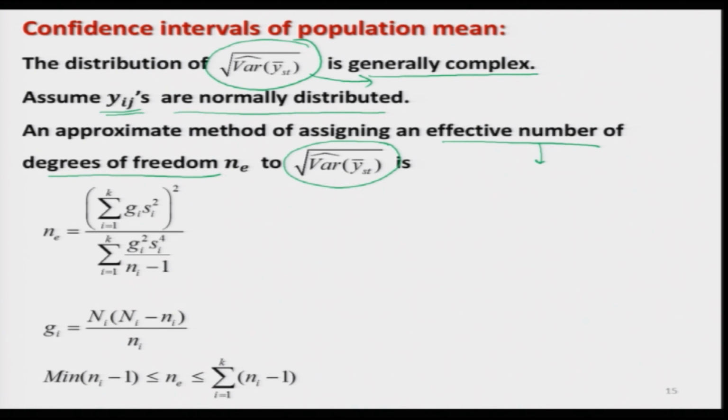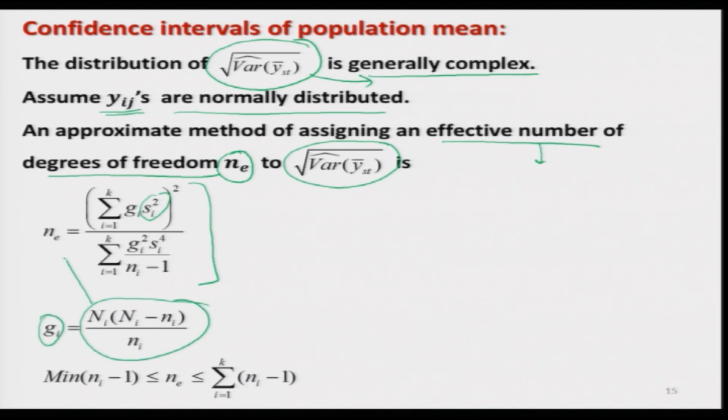The number of effective degrees of freedom, denoted here by small n, is obtained by this expression, where Si square is the variance from the ith sample, and this quantity Gi is defined like this.